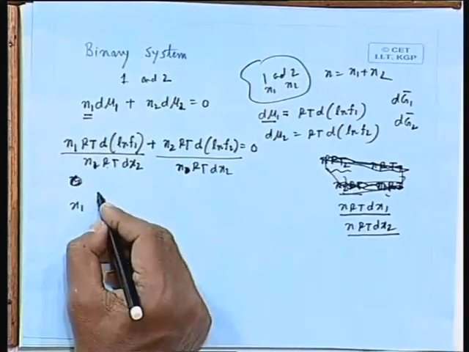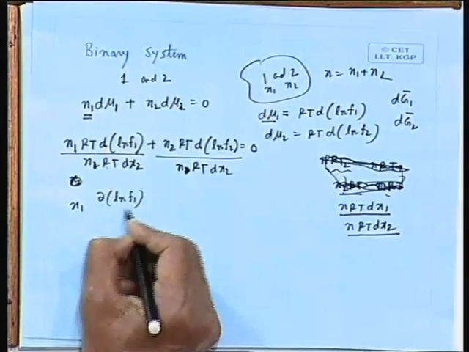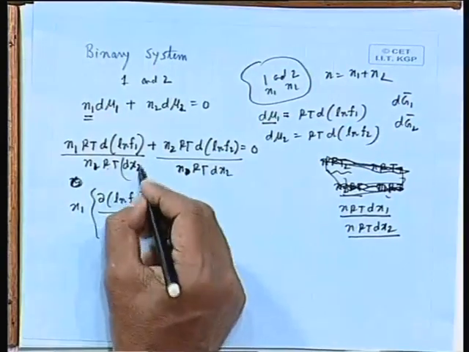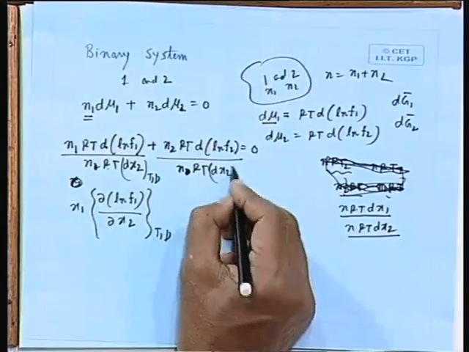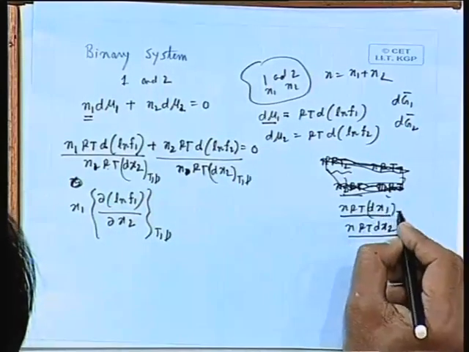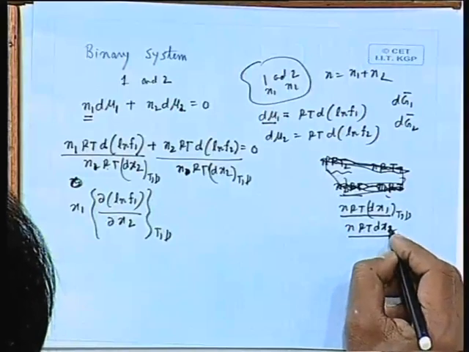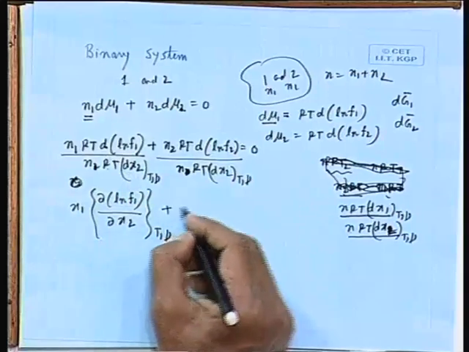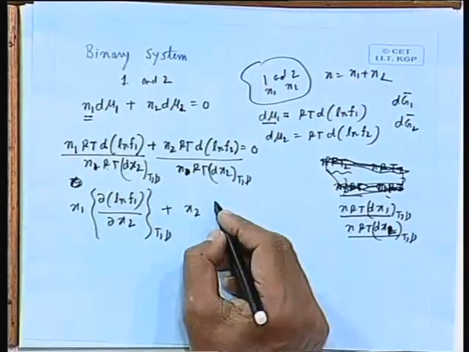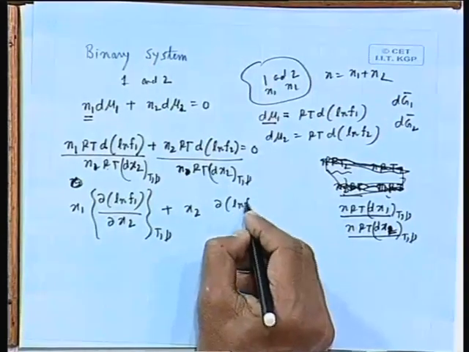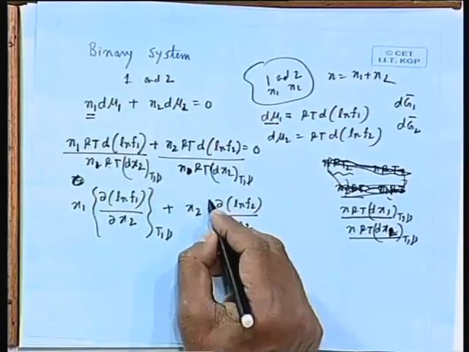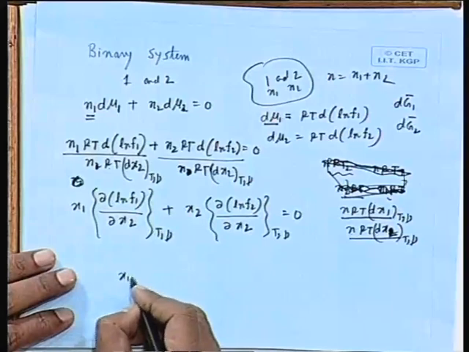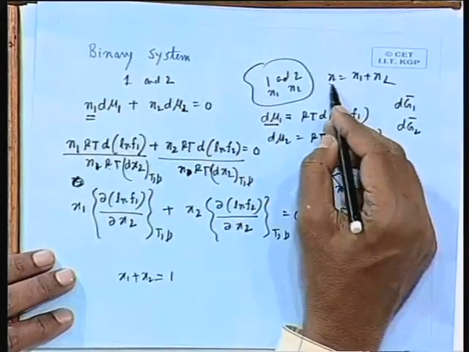So n1 by n, which is x1, times del ln F1 by del x2 at constant temperature and pressure, plus x2 times del ln F2 by del x2 at constant temperature and pressure is 0. Now you know that x1 plus x2 is 1, since n is equal to n1 plus n2.